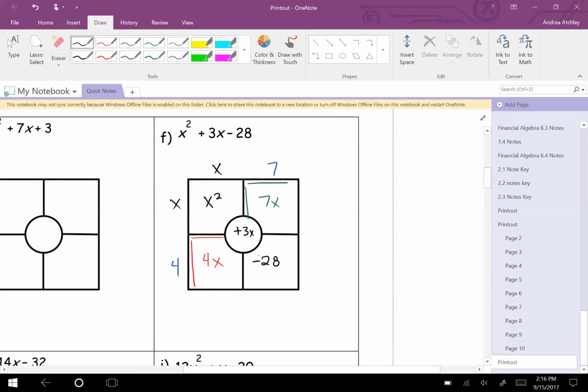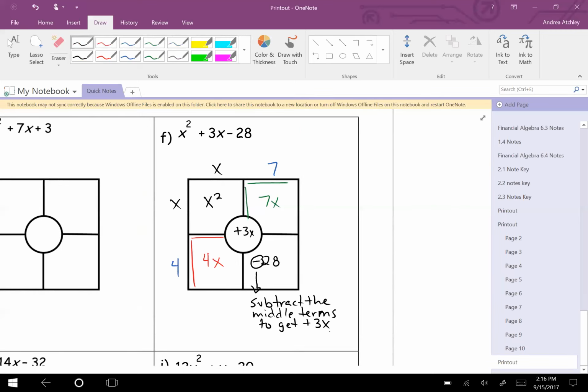Now this one here, since this is negative, you're going to subtract the middle terms to get positive 3x. Now if I subtract the 4 and the 7, will I get 3?